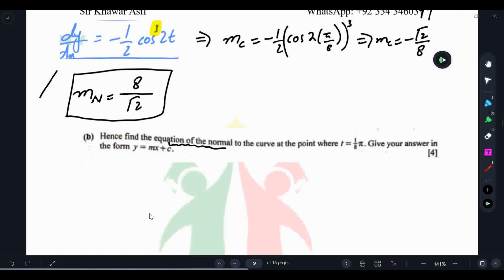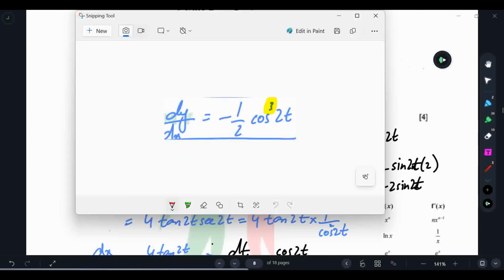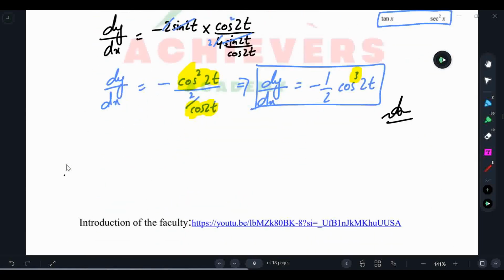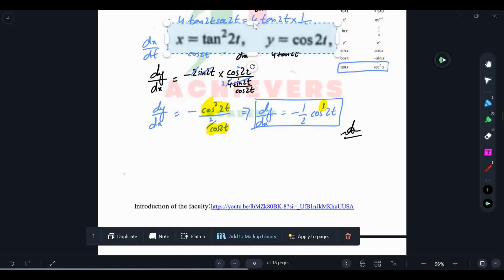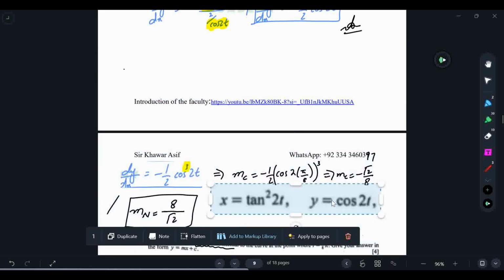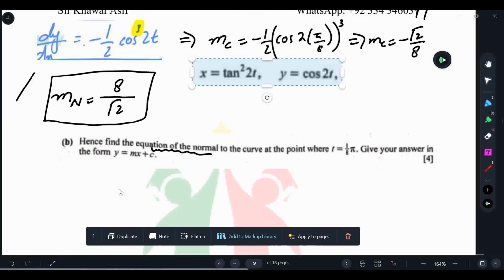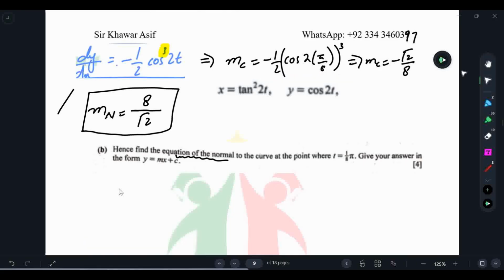So for the point, what we have to do is, we know that x is equal to, let me copy this. Okay, now we know that x is equal to tan square of 2t, and y is equal to this.